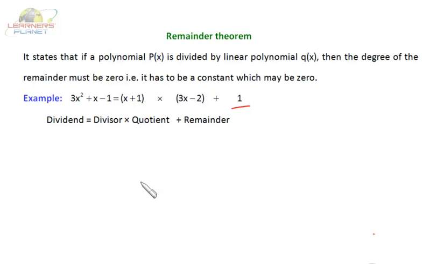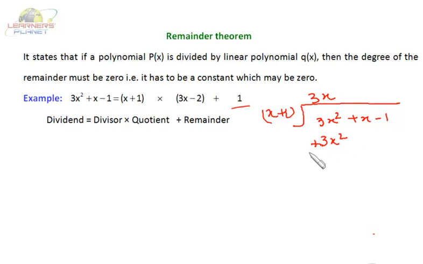Let's have a quick recap. I just divide the expression 3x square plus x minus 1 by x plus 1. So it's 3x square, then I take 3x, so it's minus over here, and we get minus 2x minus 1, then minus 2x minus 2.